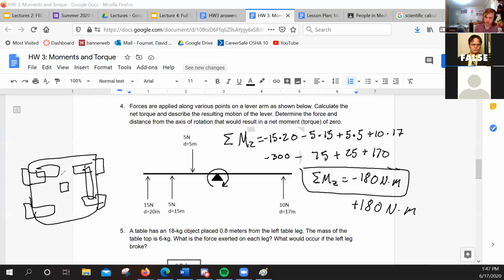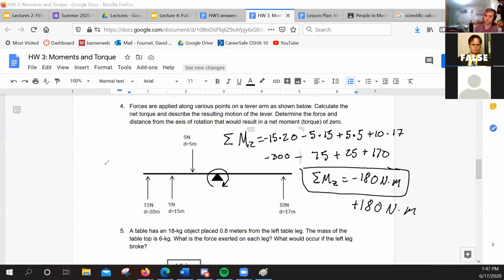So your distance from your pivot point, which is probably going to be your front wheel, might be something you can't change, in which case you can calculate the amount of weight that you need to put in that area to fix it. So that's kind of the application.